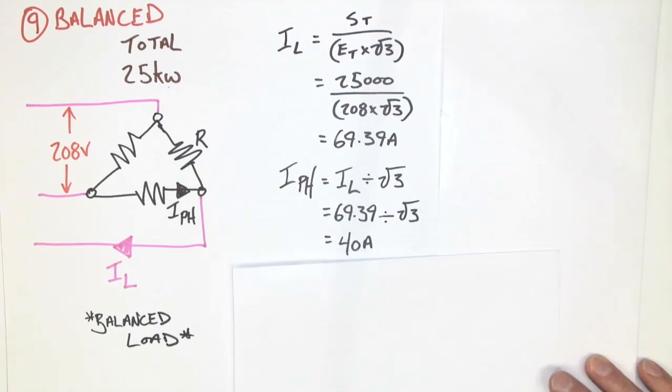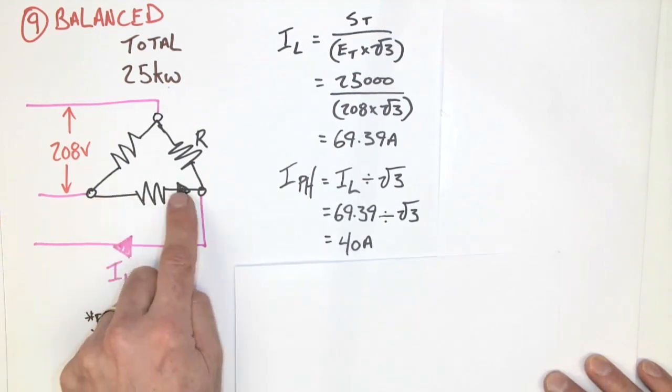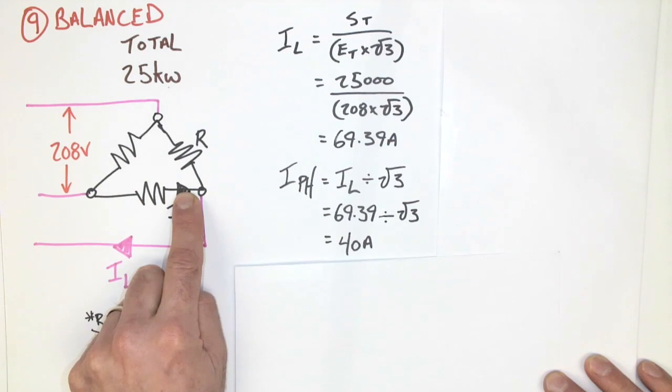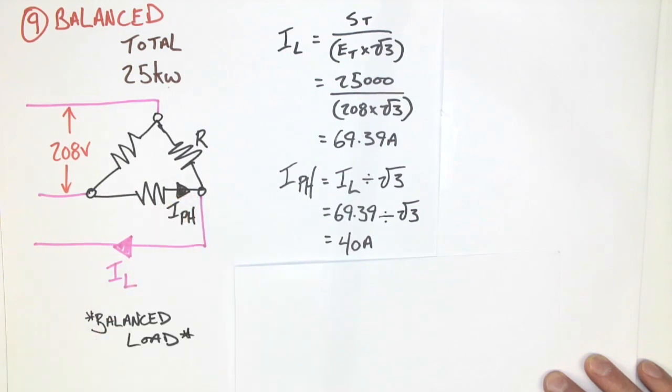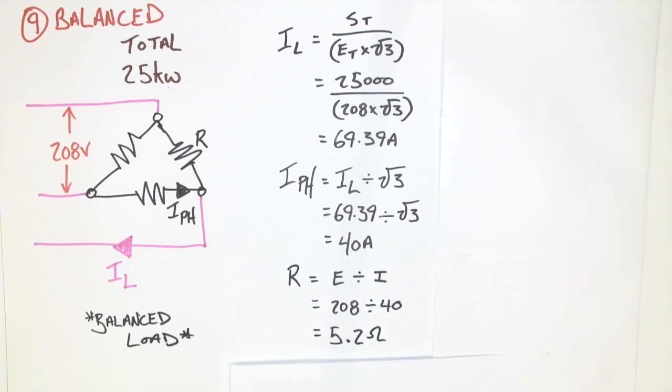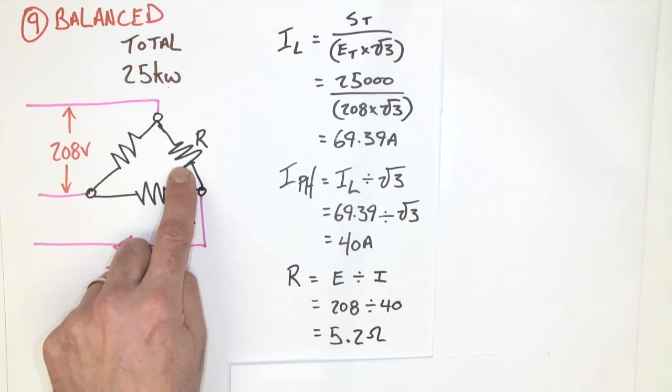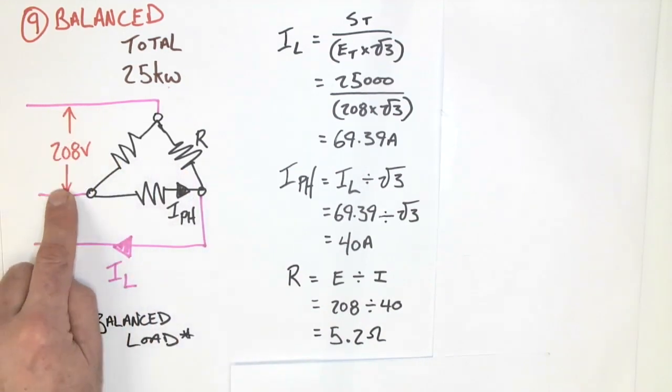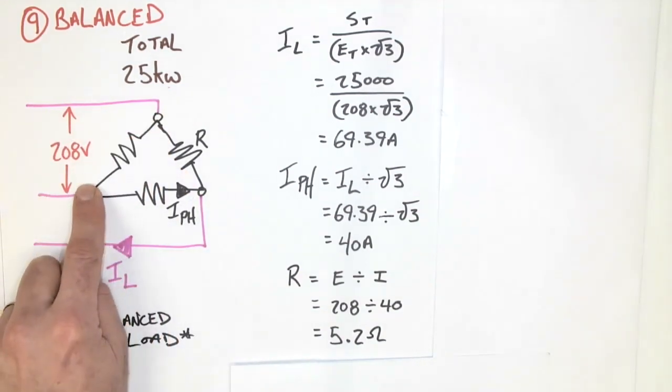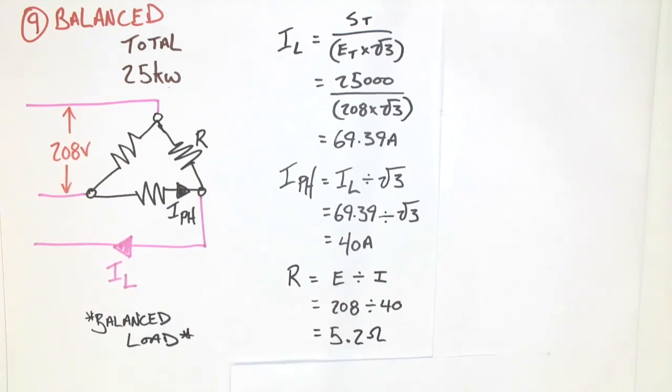If I want to know the phase value of current, then I can take my line current and divide it by root 3, getting a smaller value. Phase current should always be smaller. If I want to calculate the resistance of the resistor, I already know that it's 208 volts applied across, and now it's simply an Ohm's law process, 208 divided by 40.